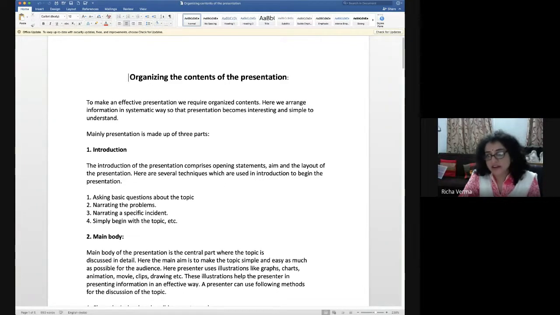We are talking about PowerPoint presentations or oral presentations. When you deliver the contents to the audience, they have to be organized in a systematic, stepwise, and proper way, to create a systemized understanding for the audience.